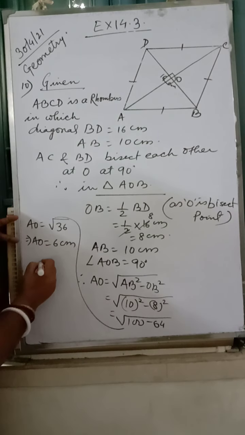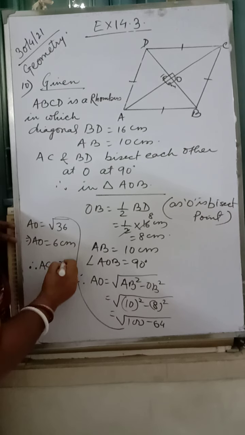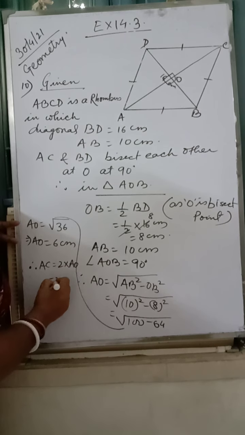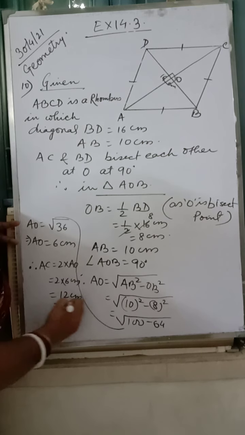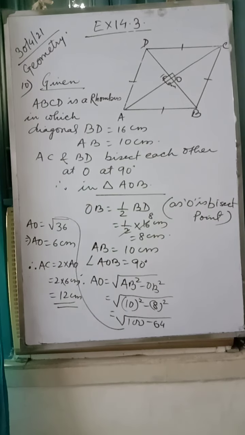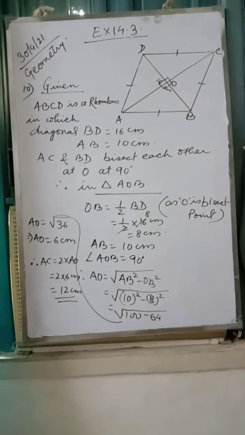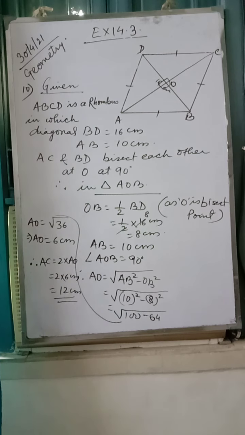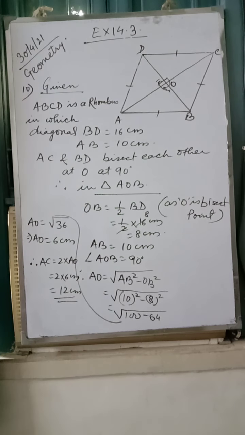So therefore AC is equal to 2 into AO, 2 into 6 centimeter, or the other diagonal is 12 centimeter. The length of AC is 12 centimeter. We get the half of the diagonal, that is AO, 6 centimeter. So AO into 2 gives you 12 centimeter.